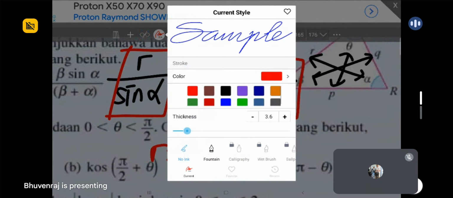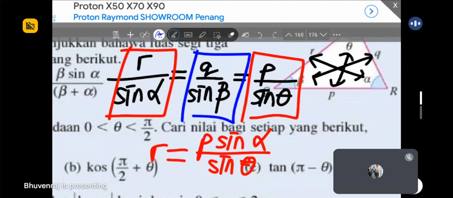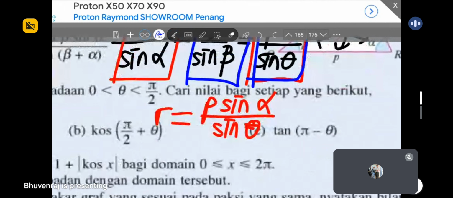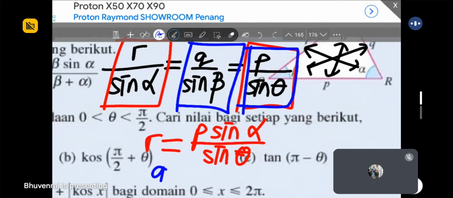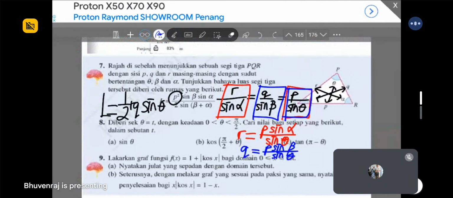Next, what else can you compare? You need to express Q, right? So of course you're going to use this and this one. Kamu bandingkan dua ni. So Q over sine beta equal to P over sine theta. So Q equal to P sine beta over sine theta. Now you can already substitute, guys. Can you see it?